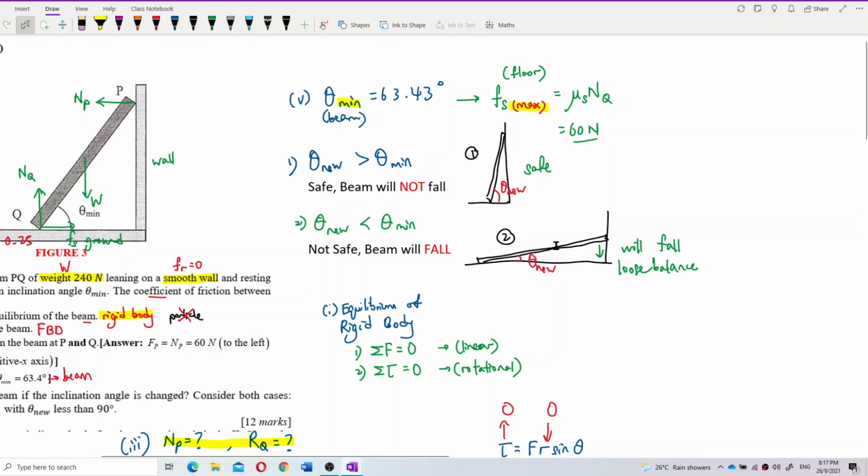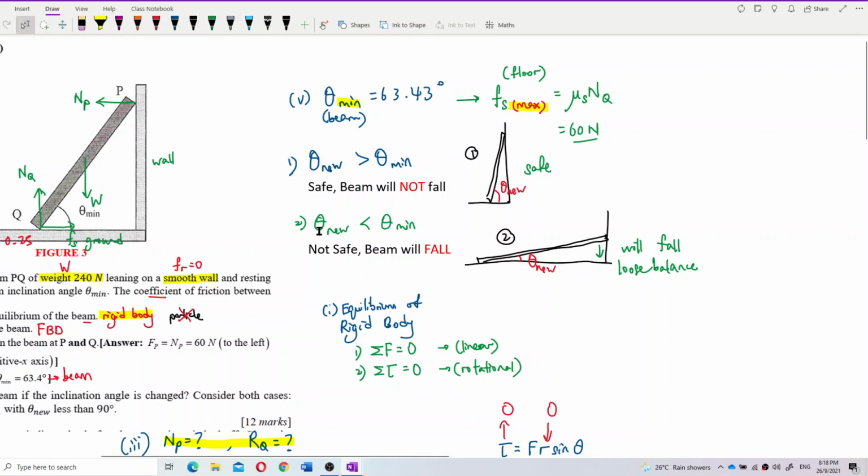If you put your beam like that, it almost tends to fall already because the friction required will be more than 60 Newton. But the floor cannot provide more than 60. That's the maximum static friction the floor can provide. So the beam will fall.